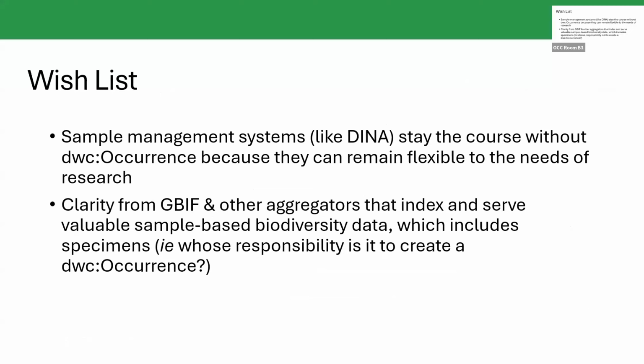That sample management systems like DINA stay the course without Darwin Core Occurrence because they can remain flexible to the needs of research. Also, the clarity from GBIF and other aggregators that index and serve valuable sample-based biodiversity data, which include specimens, i.e. whose responsibility is it to create a Darwin Core occurrence?